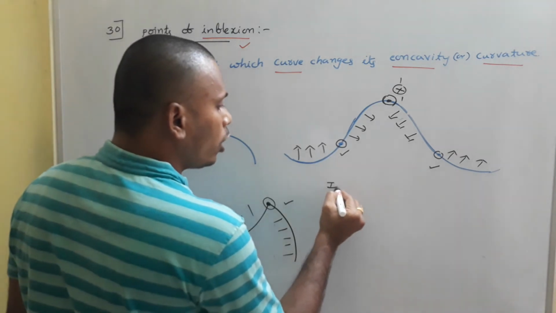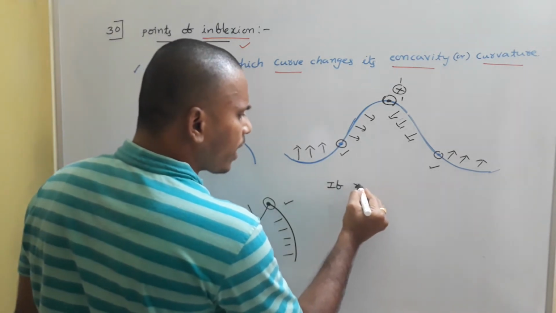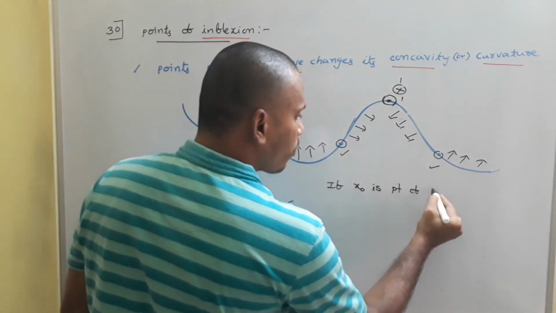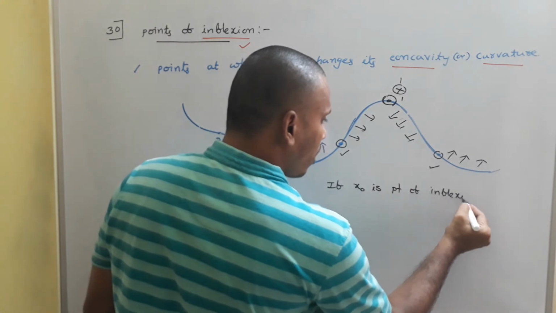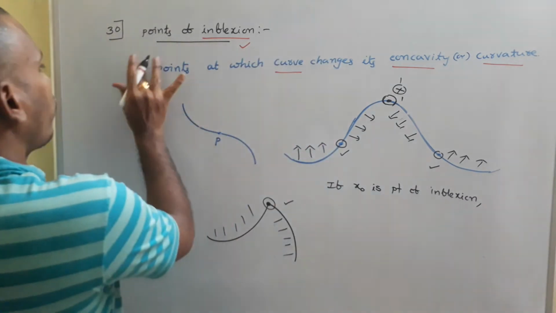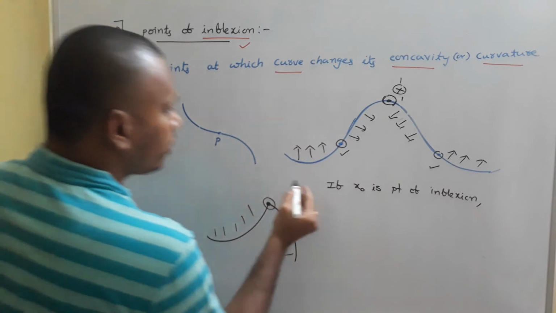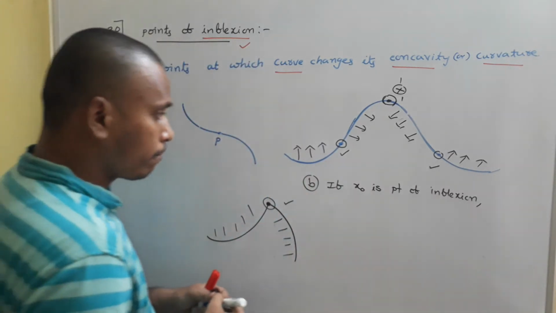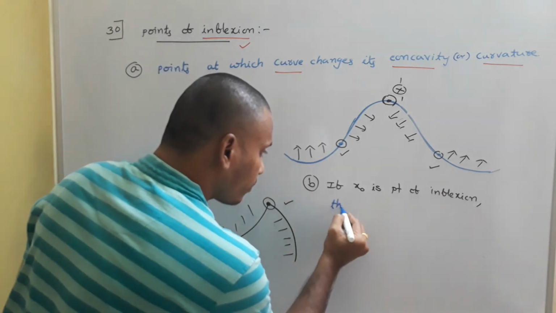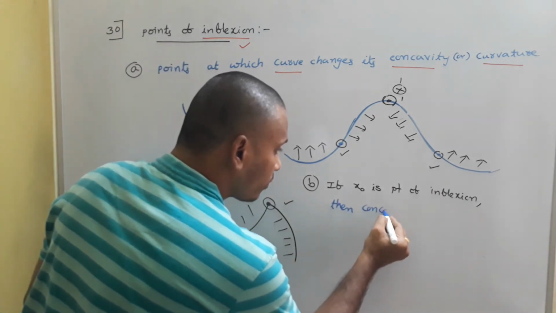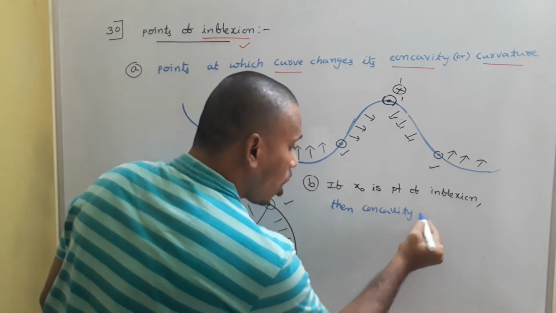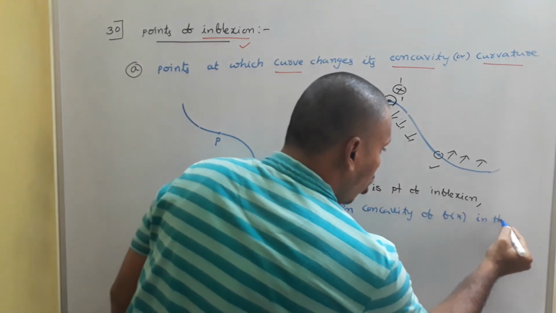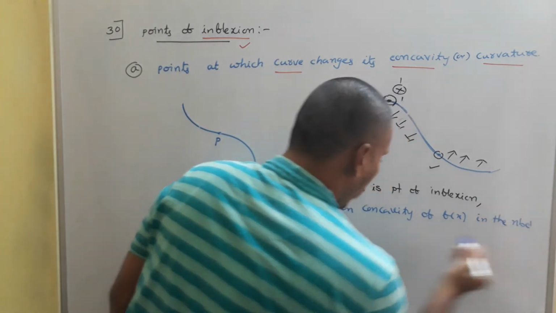Okay, what I am going to tell you is, if some x naught is a point of inflection, you just mark everything as A and B. First of all, this is A and this is B. If x naught is a point of inflection, then the concavity of f of x in the neighborhood of x naught changes.